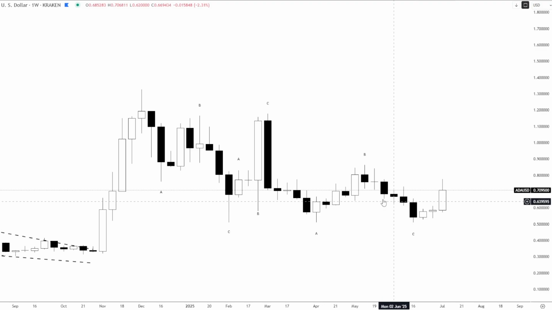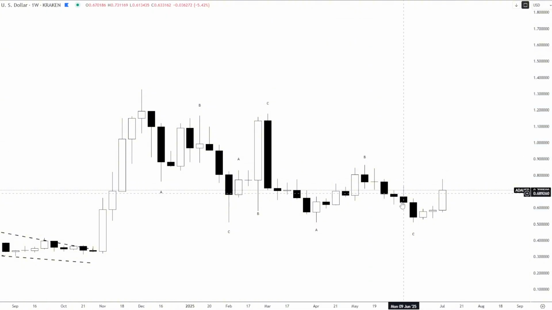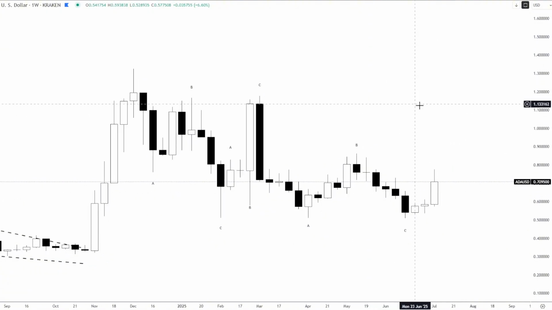So we saw this A, B, C. I'm labeling it prematurely, so I don't know right now if this is the ultimate form of this correction. It could extend. We could do something other than keep going up, right? We don't have a technical confirmation now for this breakout. So this pattern technically looks complete, but we have no confirmation for it to be complete at this point.